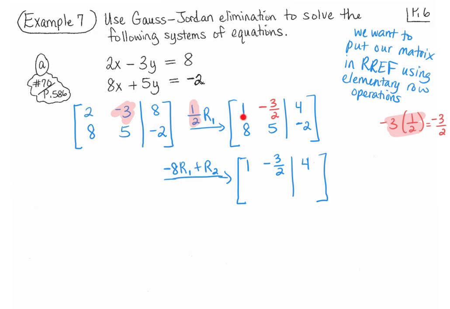So -8 times 1 is? Good. So I'll write it out as an aside. -8 times 1 plus 8. So this is coming from -8 times 1 plus 8. That's going to give us what? 0. Good. That's where the 0 comes from.